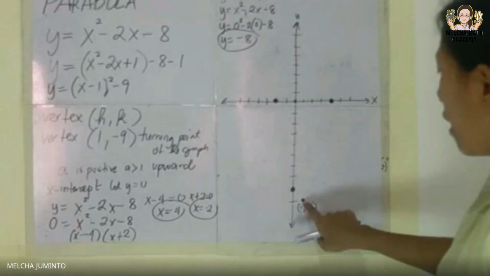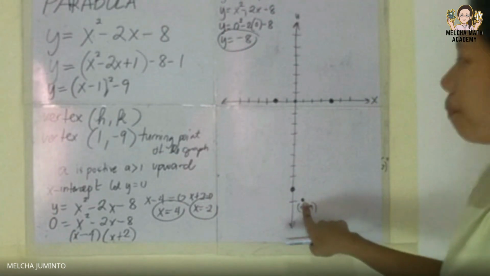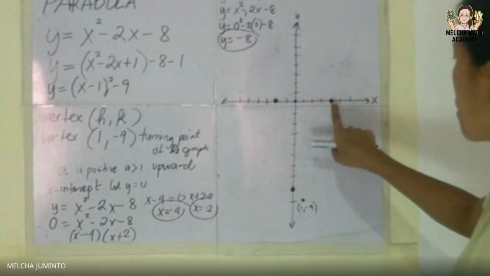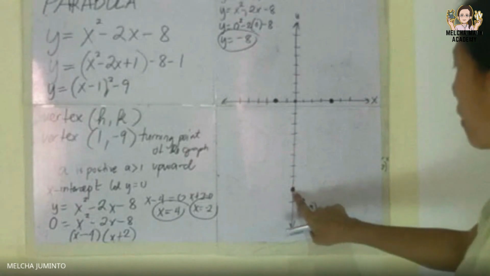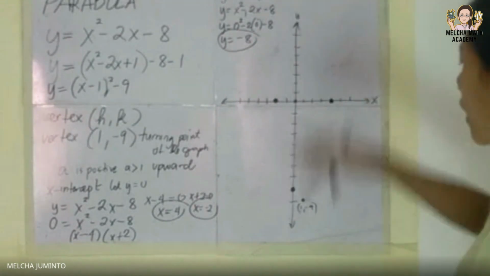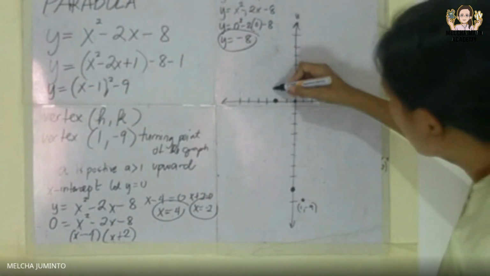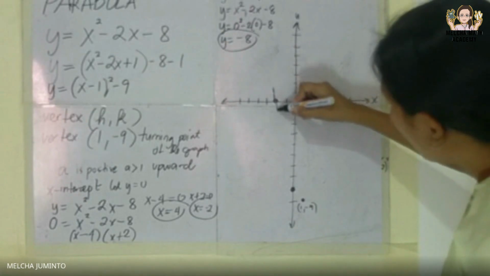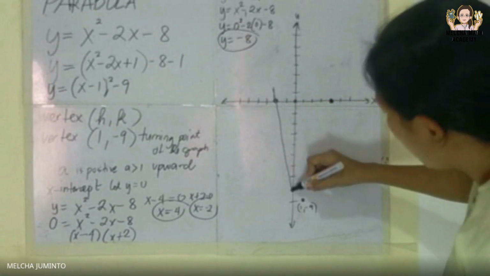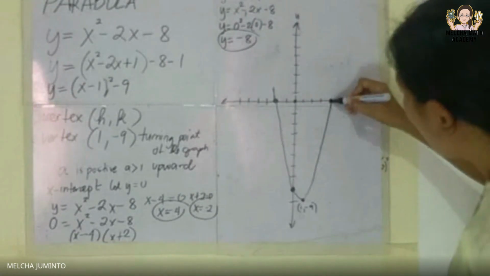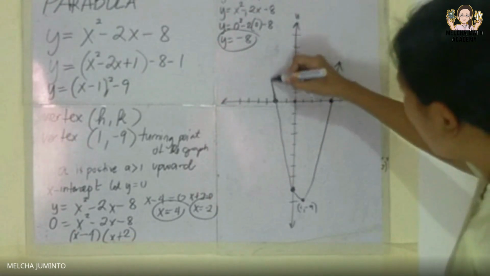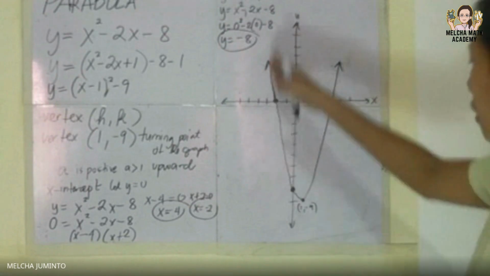So we have the vertex, (1, negative 9), the x-intercepts, 4 and negative 2, and the y-intercept, negative 8. Connect those points. We can only connect them if we use a curve. That is the curve.